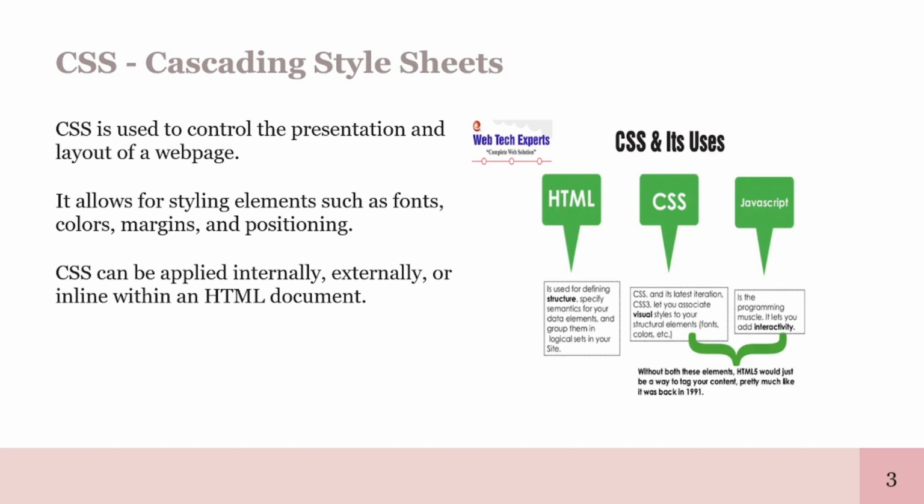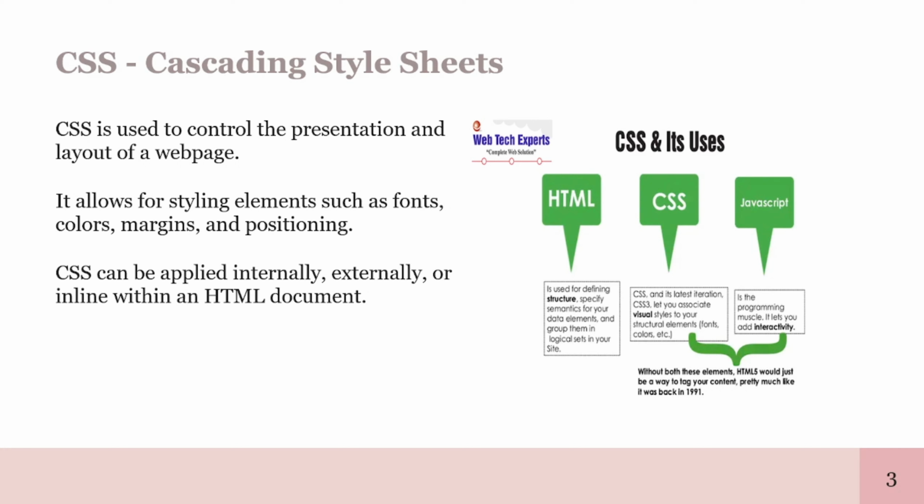CSS, which is an abbreviated form of Cascading Style Sheets, is used to control the presentation and the layout of a web page. We can say it is used for designing the interface of a web page or web app. It allows for styling elements such as fonts, colors, margins, and positioning.